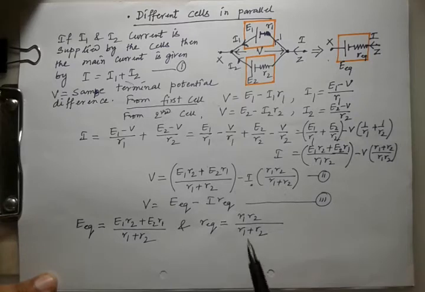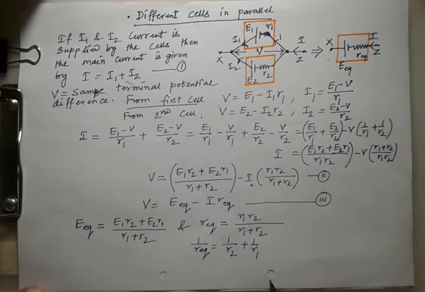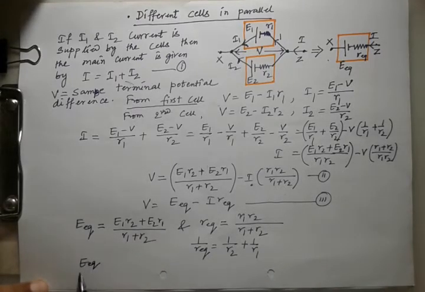Okay. Also you can write it this way: 1 by R equivalent is equal to 1 by R1 plus 1 by R2. If you want to find E equivalent by R equivalent, then what will you get?